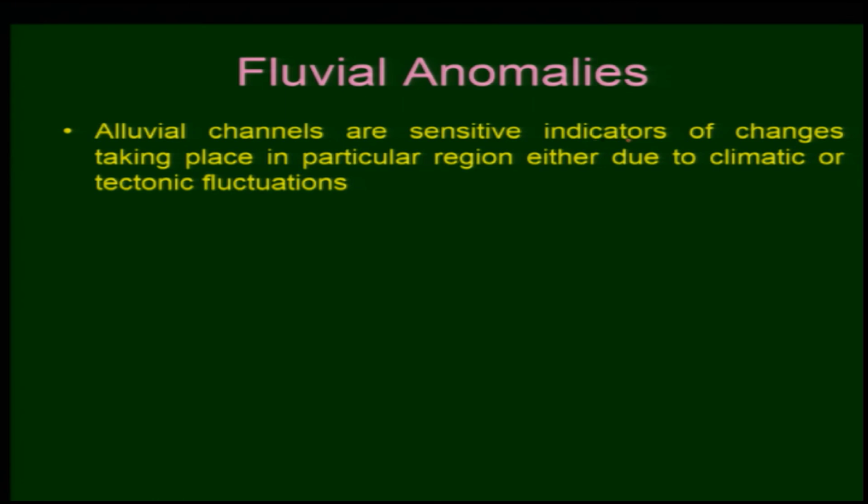If you look at the fluvial anomalies, alluvial channels are sensitive indicators of changes taking place in a particular region, either due to climate or due to tectonic fluctuation. So, as I was saying, these signatures should be taken into consideration when we are talking about deformation at the regional scale as well as on the local scale.